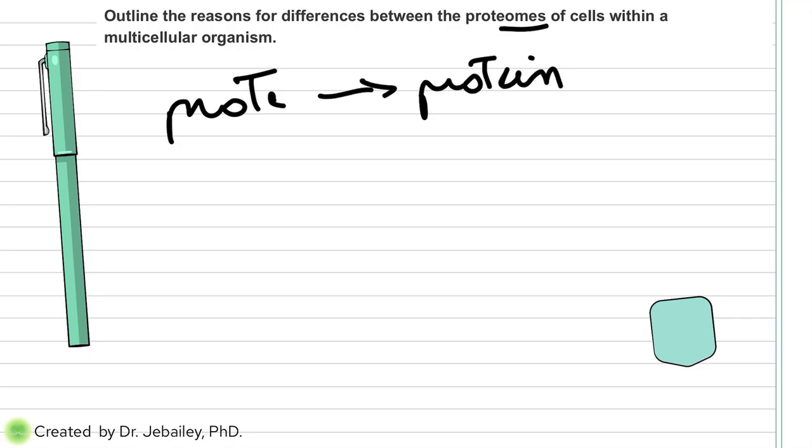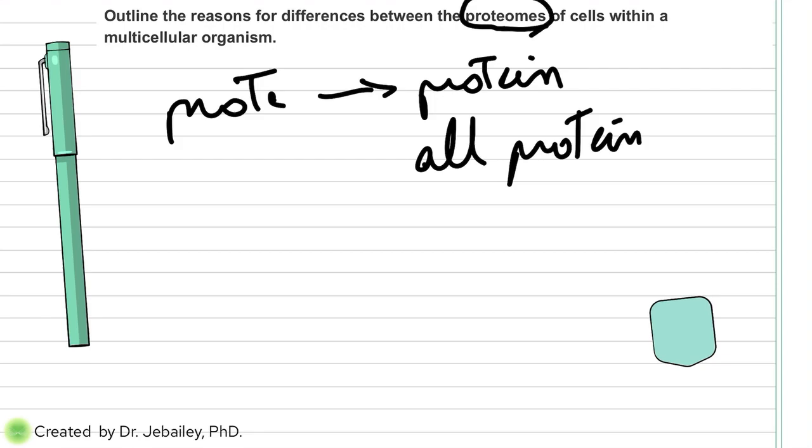The proteome is a study of all the proteins there are. That's what proteome is. It's all the proteins. Now they're saying, what are the reasons for so many different types of proteins in the cells within the body? Now, you got to talk about how you're going from a gene to become so many different types of proteins.